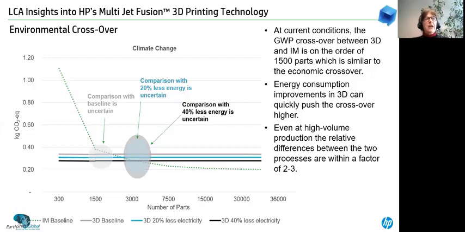The first thing we did was we looked at how many parts could we make before injection molding became the preferred technology. And so you'll see here in the dotted line, that is the injection molding impacts. In injection molding, we have to make a mold.